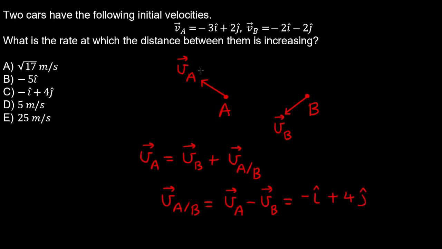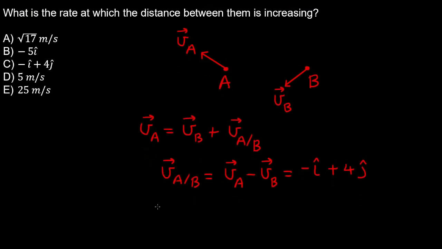So car A appears to be moving at a velocity of 1 meter per second to the left to an observer in car B, which makes sense. And car A appears to be moving vertically at a velocity of 4 meters per second to an observer in car B. But what we're looking for is the rate at which the distance between the cars is increasing, and distance is a scalar.